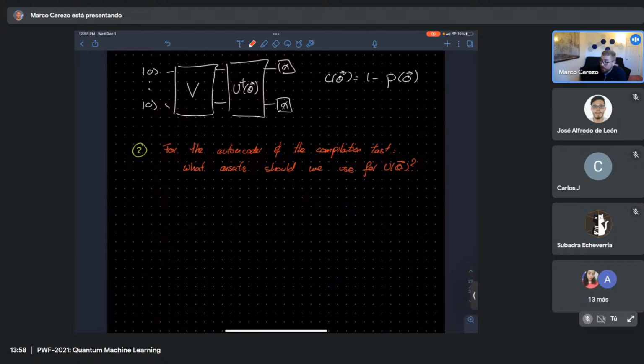Can I use the QAOA ansatz? Maybe not, it's not obvious. Can I use the quantum chemistry UCC, unitary coupled cluster, ansatz? Absolutely not. That's definitely not going to work.